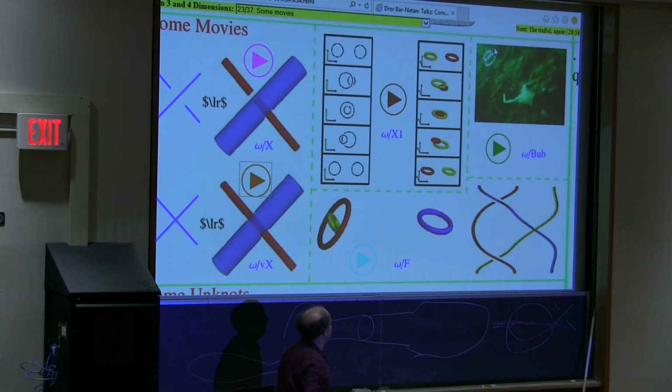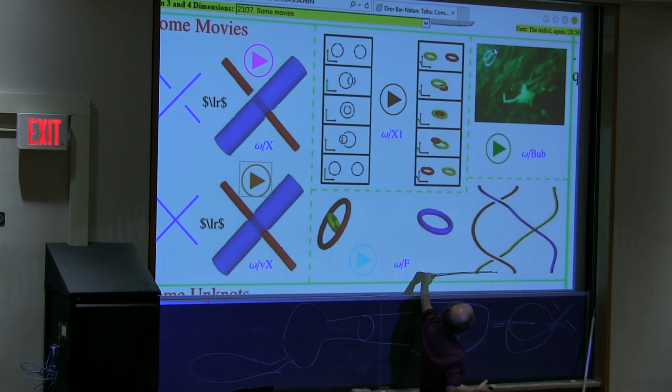If I wanted to view it as a movie, going from the bottom to the top, I would have three flying rings, because each of these lines really represents a tube. The yellow ring flies to the right, the red ring flies in this way, the blue ring flies to the left.